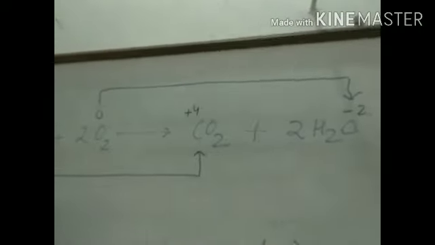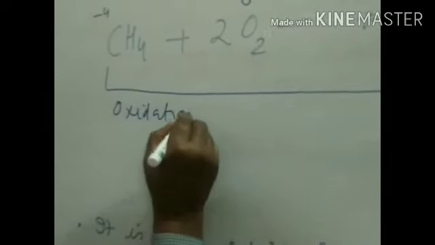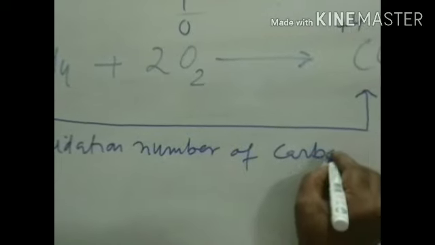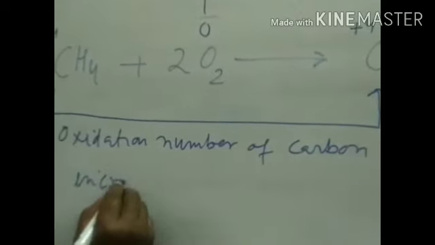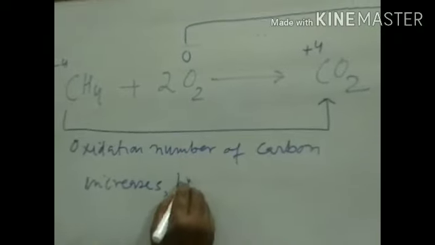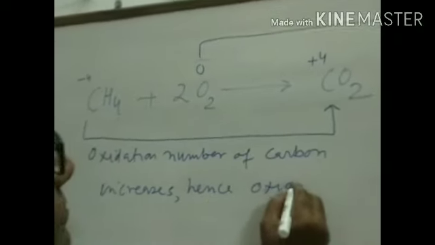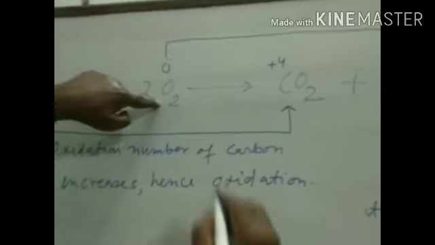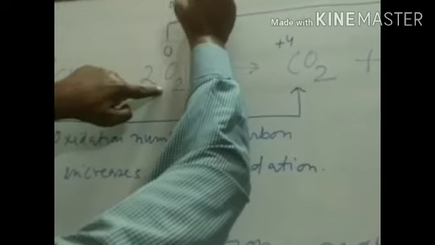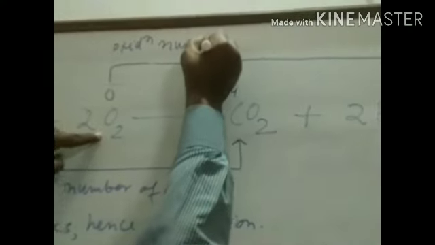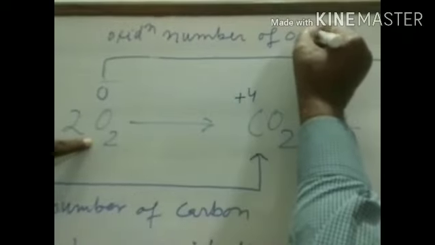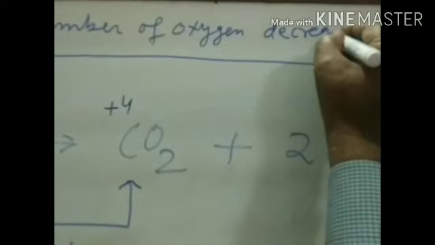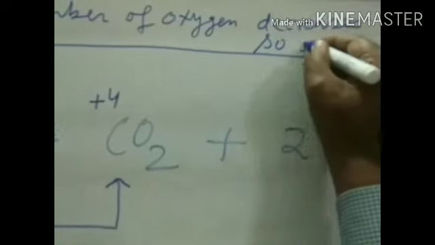So the oxidation number of carbon increases, hence oxidation, and here the oxidation number of oxygen decreases, so a reduction.